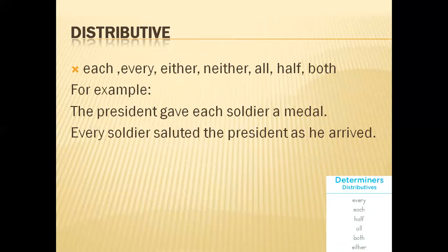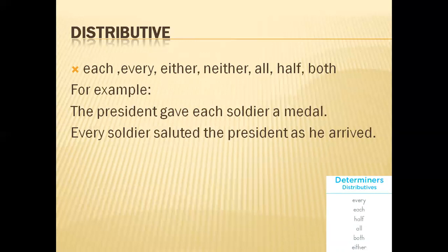In the first example, the president gave each soldier a medal. That means all the soldiers are there, but we are referring to them individually. And in the second example, every soldier saluted the president as he arrived. That means all together, as a whole, we are talking about the soldiers.